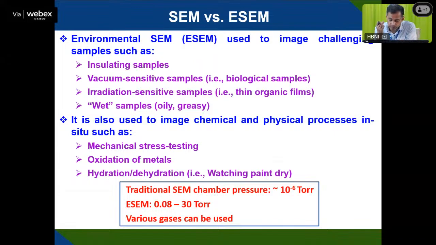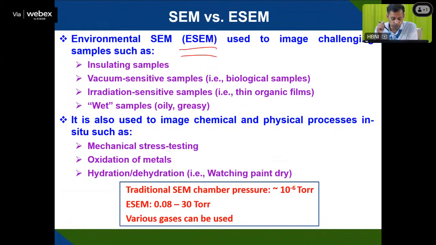When irradiated with an electron beam, there may be some damage. To avoid that, for biological samples or oily, greasy samples, like bacteria or virus where you want to see the surface morphology, you can use the environmental scanning electron microscope.